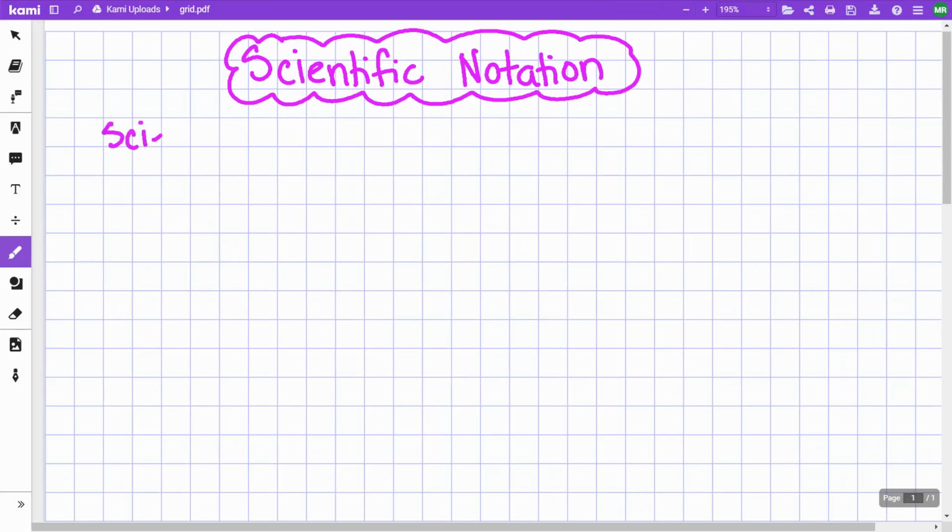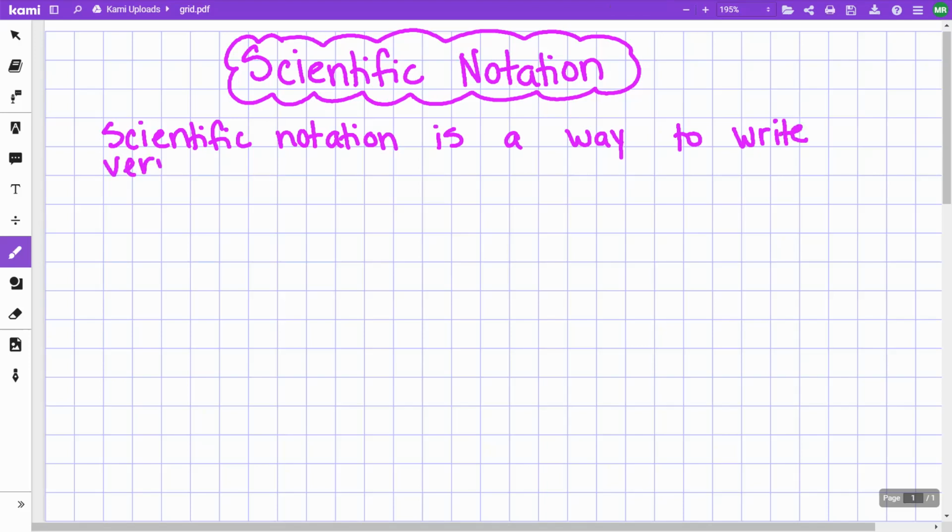Scientific notation is a way of writing very, very large and very, very small numbers in a more user-friendly manner. So we're going to say scientific notation is a way to write very large and very small numbers in a more compact way.